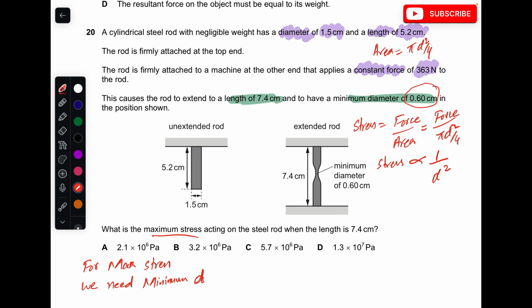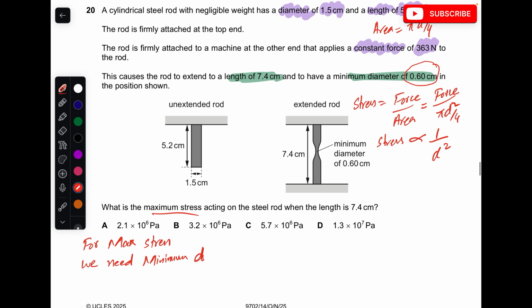So let's do it. So stress, we will use this relation. Stress is equal to force divided by pi d squared divided by 4. It can be written as 4f divided by pi d squared.